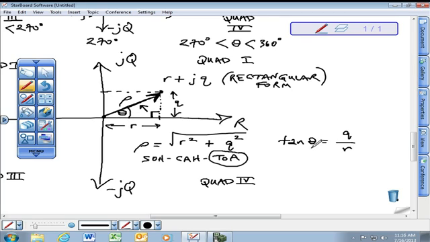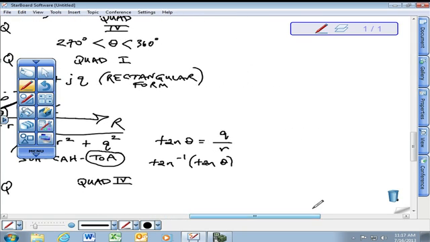So now let's solve for theta. Remember how we did that? We took the inverse tan of the tan of theta. Remember we did this in past chapters. And because this is an equation, what you do to one side you must do to the other. So you also have to do the inverse tan of Q divided by R. The inverse tan of tan, out pops theta. And on this side, there's your formula.